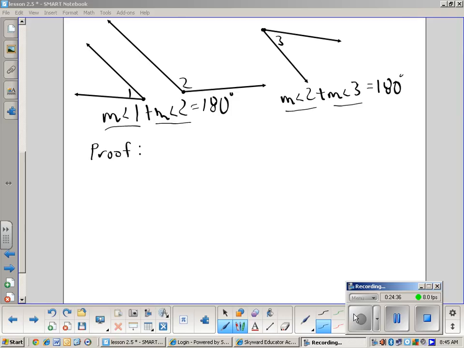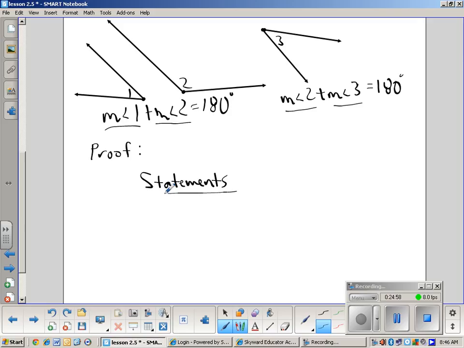I personally prefer to use a 2-column form proof, because to me, it seems to organize my information in a much neater way, and it's easier for me to think through the process. A 2-column proof, we would write our statements in this column, and we'd write our justifications in this column.